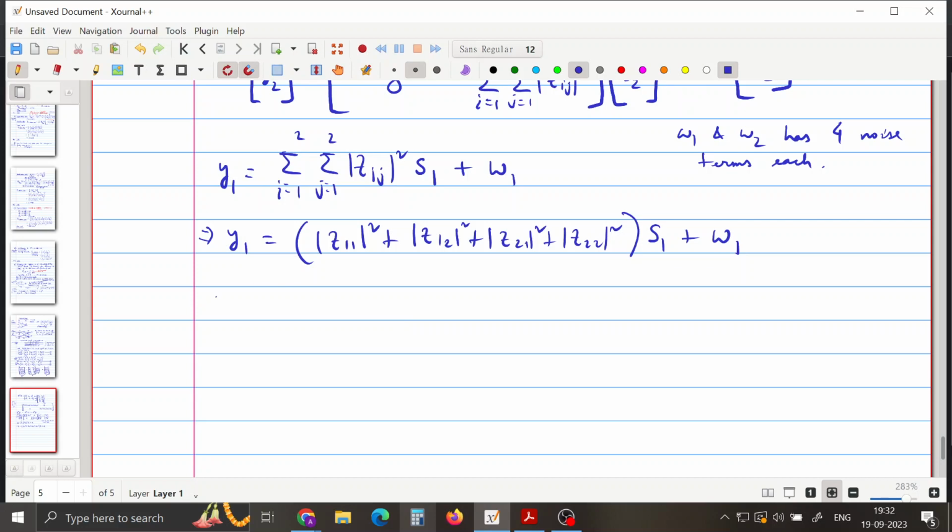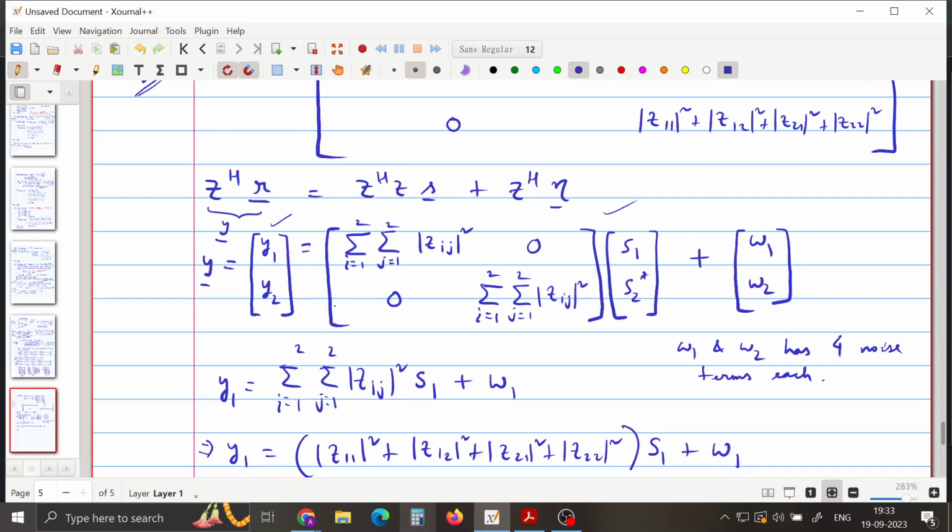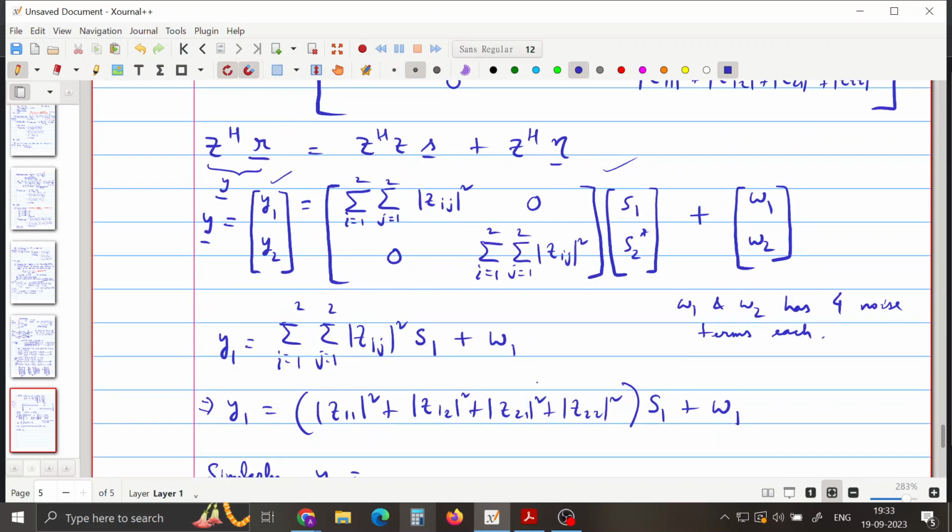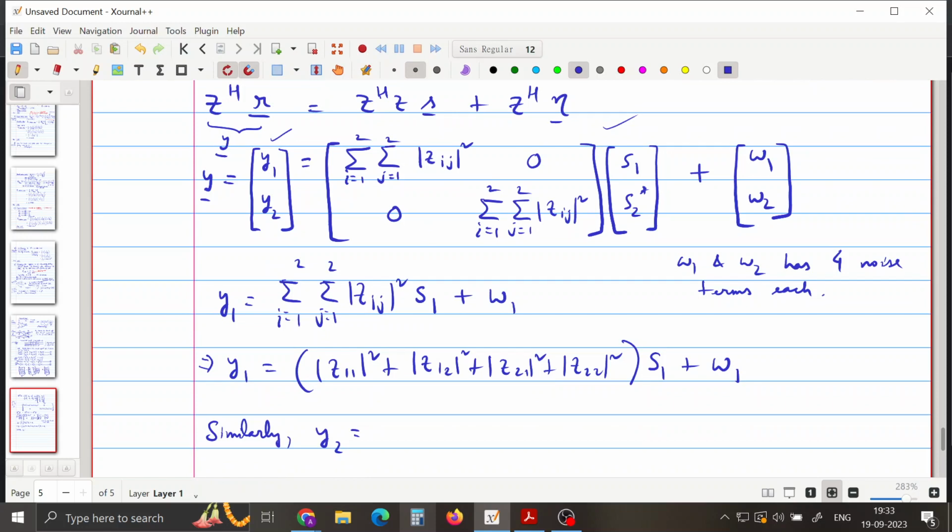And similarly, you can write the expression for y2 from this above matrix multiplication form.